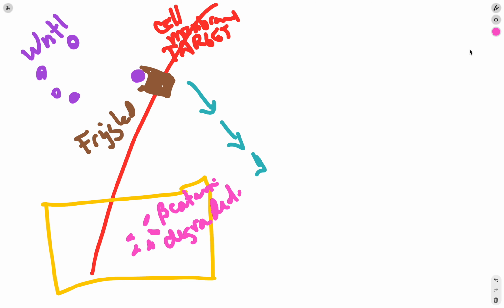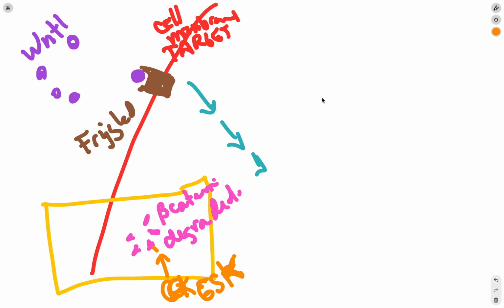It's getting degraded because another protein called GSK is a kinase that phosphorylates beta-catenin and targets it to get degraded. So this GSK leads to beta-catenin degradation, destruction in the absence of Wnt.